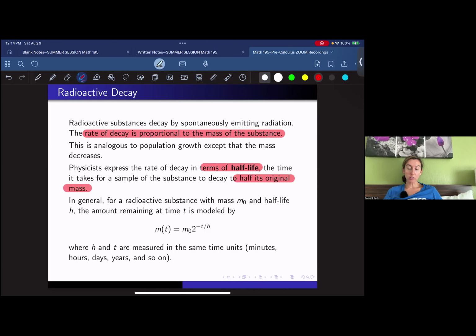And in general, for a radioactive substance, we have our initial mass and our half-life in terms of m sub 0 and h, respectively. It's modeled by our equation m of t is equal to m sub 0 times 2 to the negative t over h, where again, our h and t are in the same units.